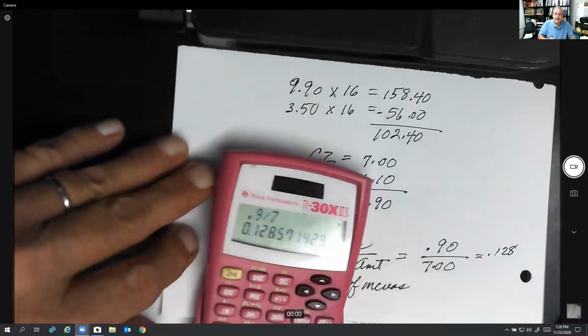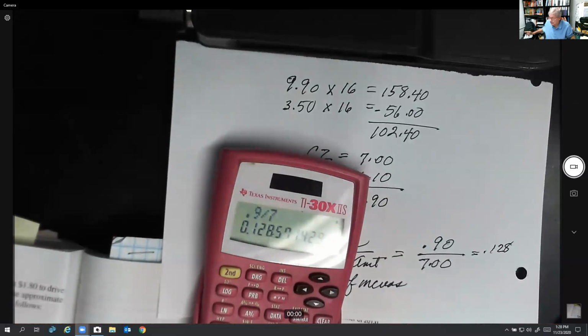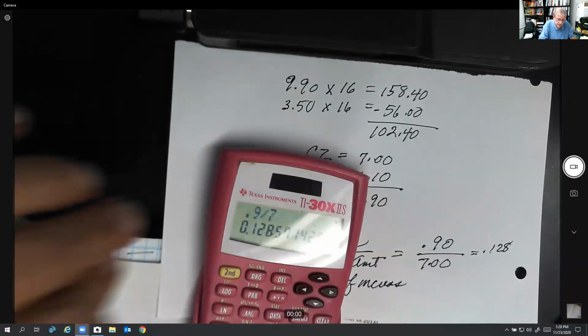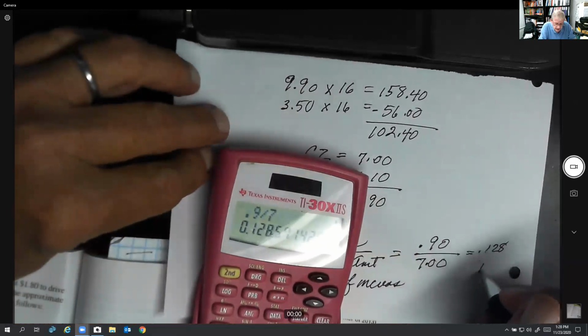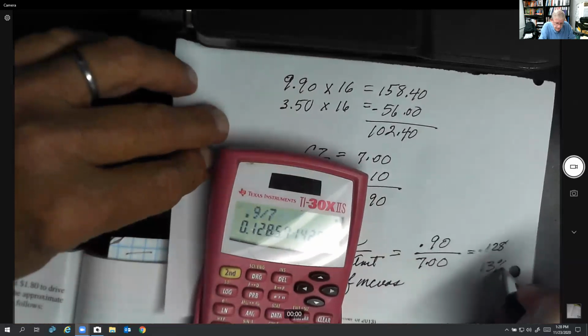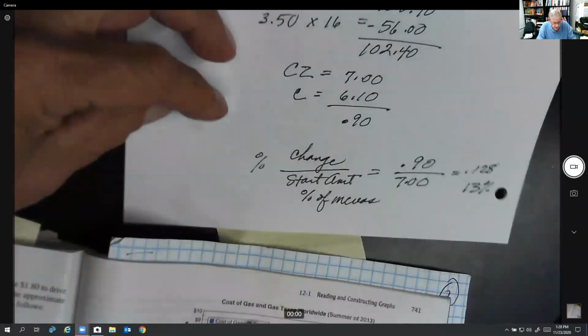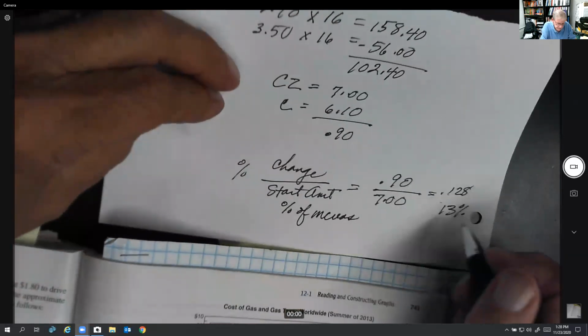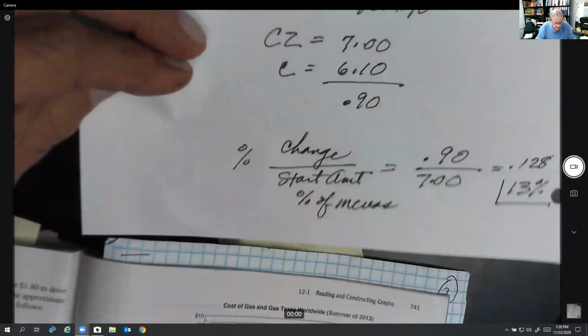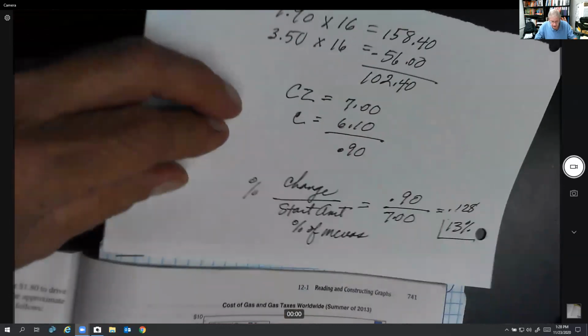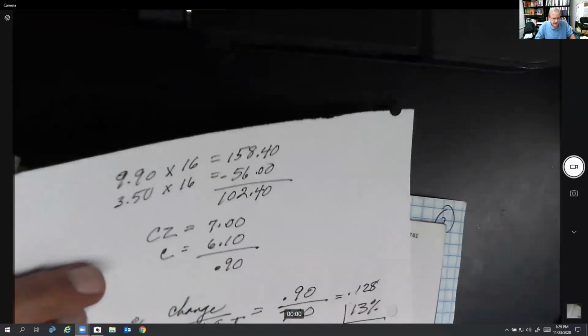So if I want to write this as a percent, I just wrote it as 13%. So that would be our change, 13%. Okay, so that's how I did those problems, and I kind of computed them.